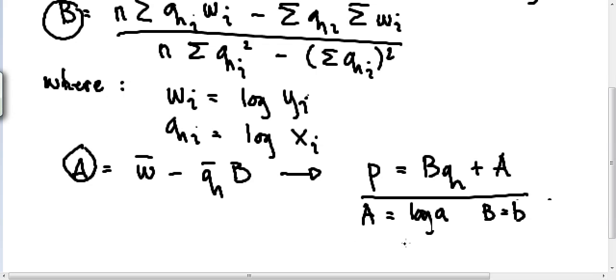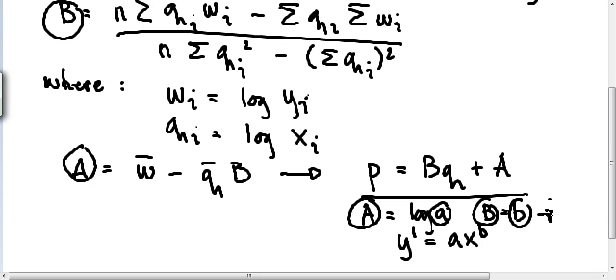My original function is y accent equal to a x power of b, but we have this A and this B, and we need small a and small b, so using anti-log to get a and b, we can have this.